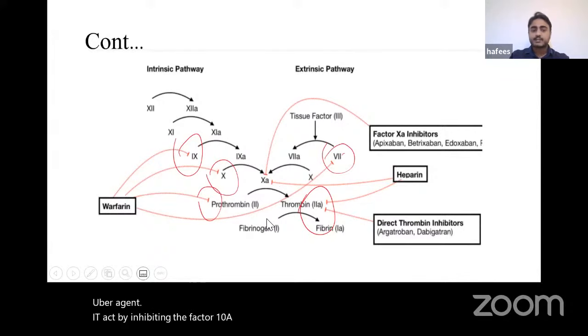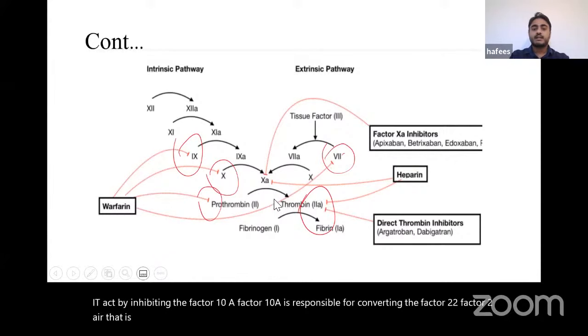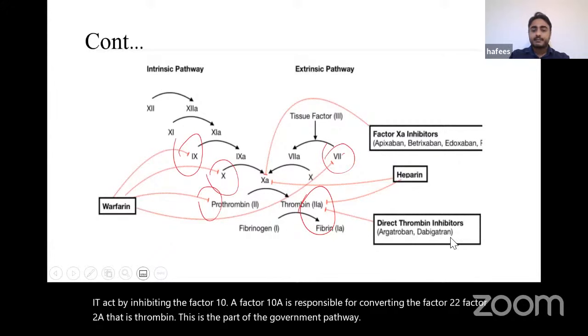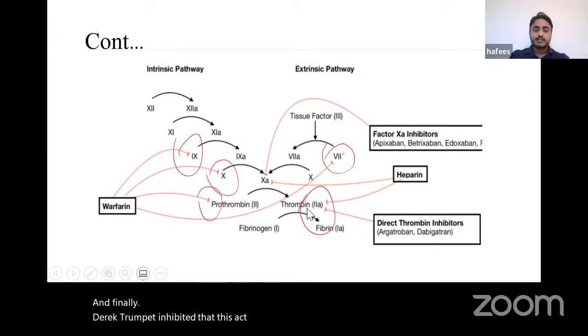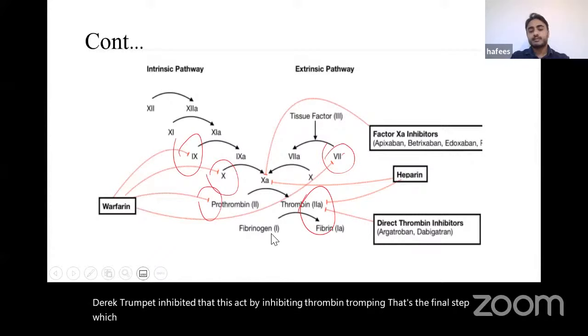Factor 10A is responsible for converting factor 2 to factor 2A, that is thrombin. This is a part of the common pathway. And finally, the direct thrombin inhibitor, dabigatran, acts by inhibiting thrombin, the final step, which is responsible for the conversion of fibrinogen to fibrin.